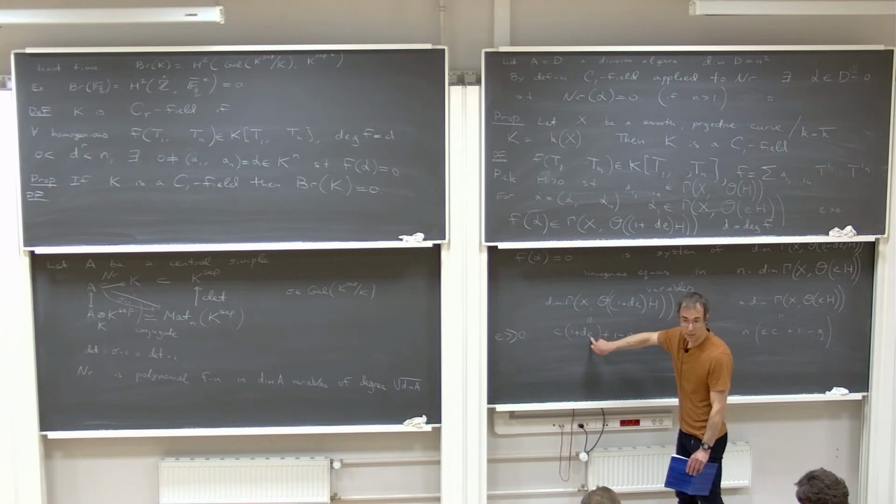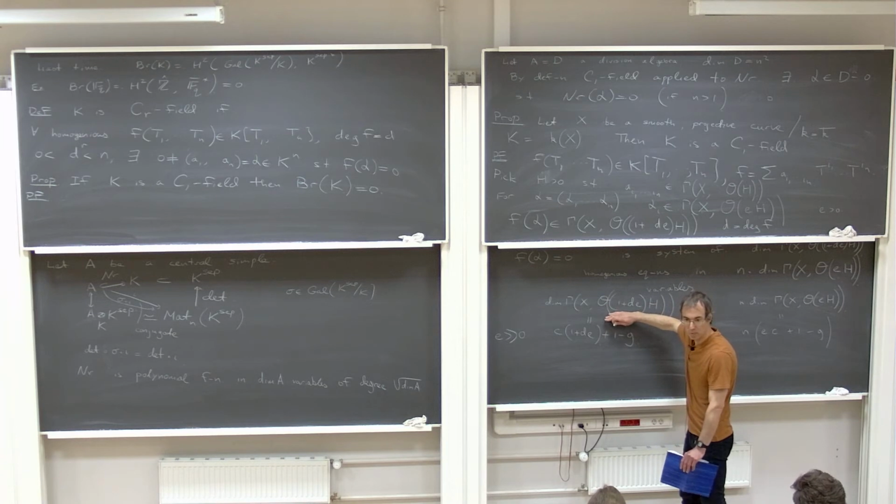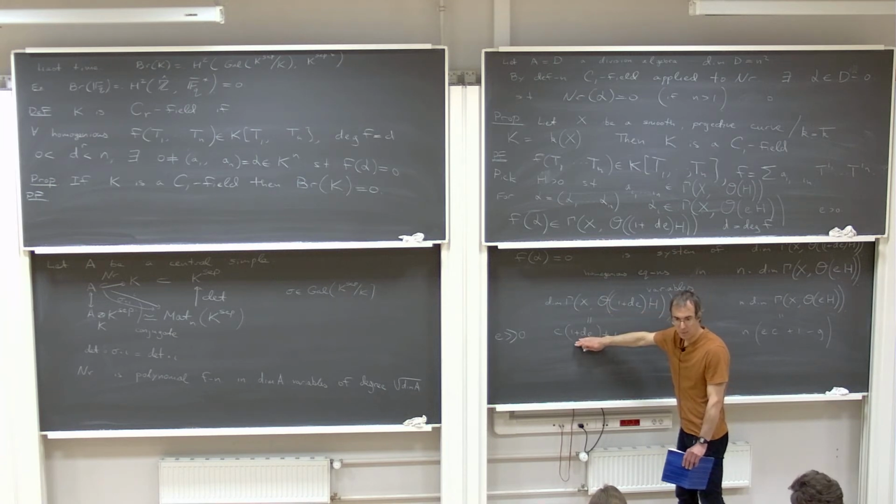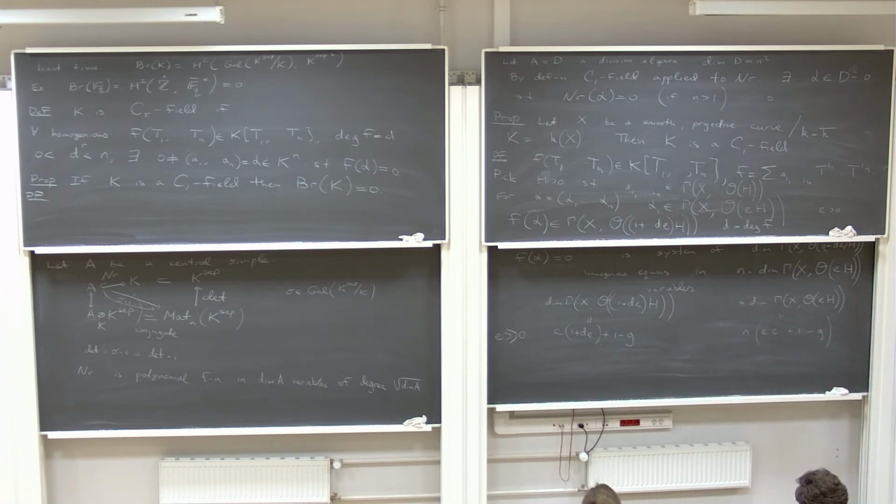Поэтому, выбрав E достаточно большим, это число будет больше, чем 2g минус 2, поэтому по теореме Римана-Роха размерность равняется просто вот этому. Они не для любого обильного, они выполняются для любого дивизора степени больше, чем 2g минус 2.